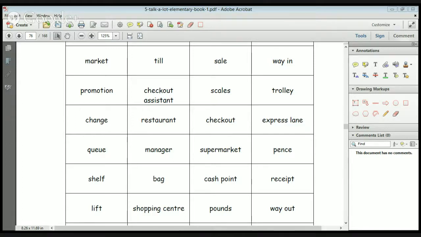So we find the stressed syllable in each word, and then we think about what is the vowel sound in this stressed syllable. That's the most important sound in the word. Trolley, tro, o. O is the stressed vowel sound here. It's very short and sharp vowel sound, o.